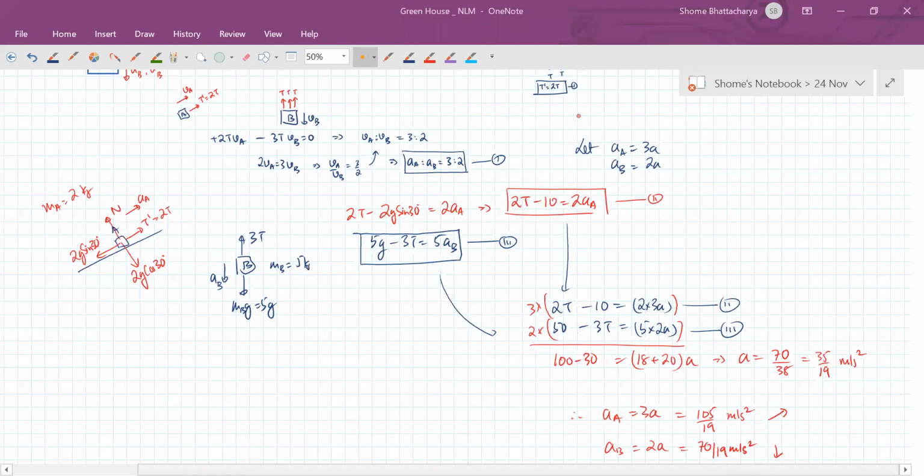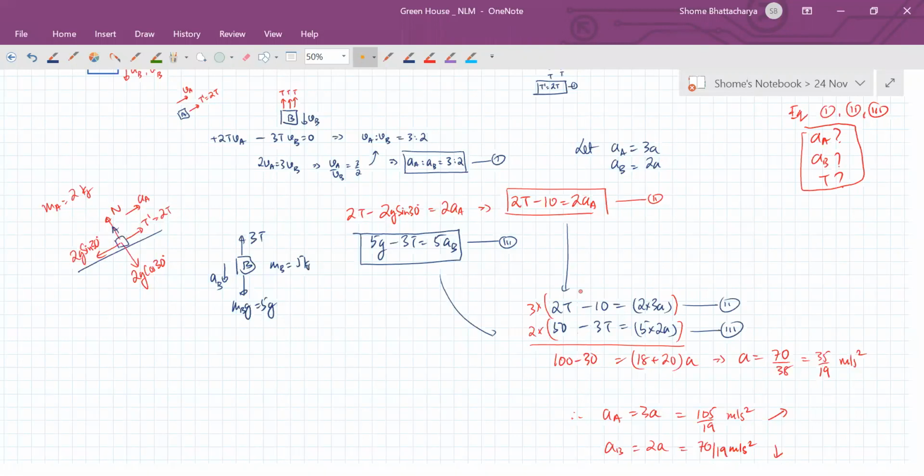So between equation 1, 2 and 3, you can see that you have acceleration of A unknown, acceleration of B unknown, and tension unknown. So three variables. So you start by eliminating variables. You make use of this ratio to eliminate these two. You write them as 3a and 2a, and then manipulate the equations to eliminate T. So you get a single relation. So this is the best method to proceed. Make a note of this, please.